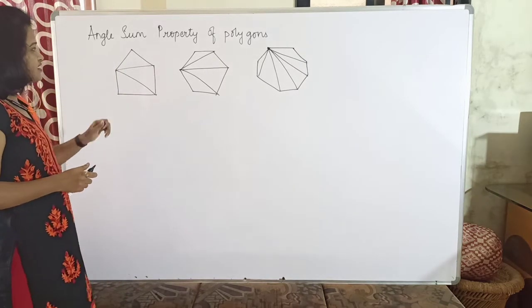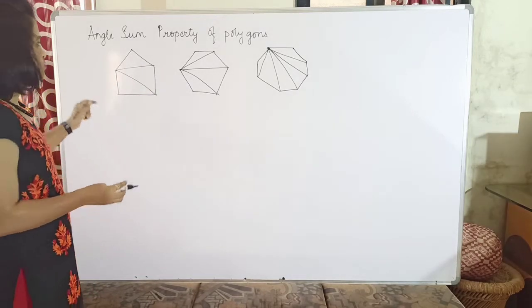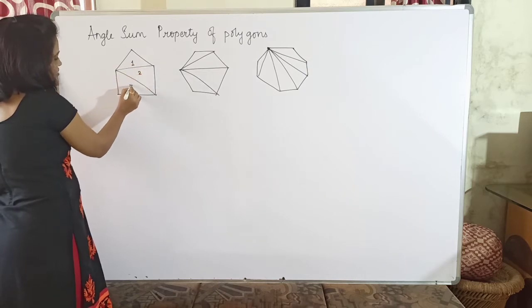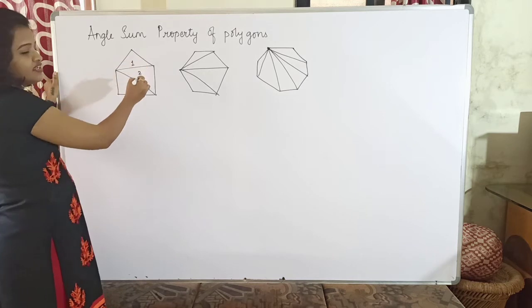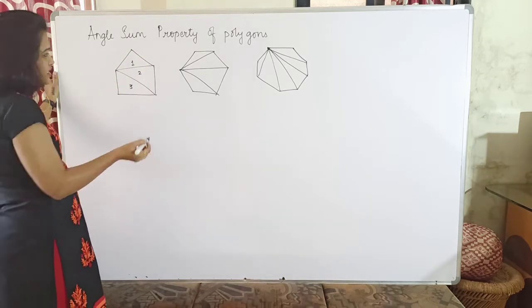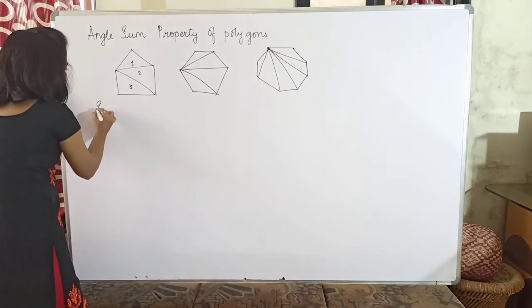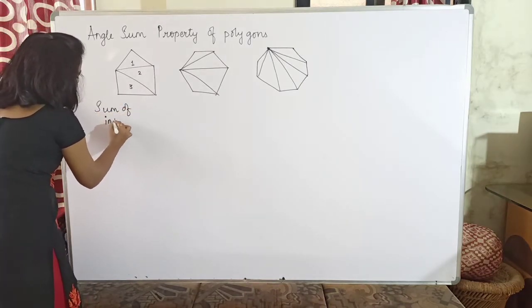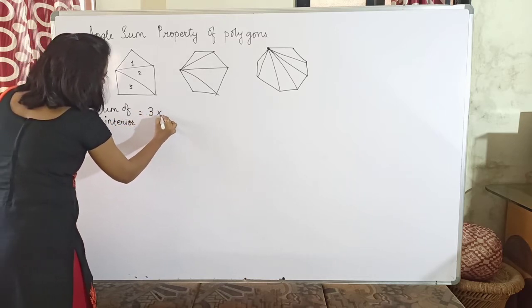Now as you can see, this pentagon I have divided into triangles. So this is my first triangle, this is my second triangle, and this is my third triangle. And I know that the sum of the interior angles of each triangle is 180. So how many triangles are formed? Since 3 triangles are formed, hence the sum of interior angles in case of a pentagon will be equal to 3 into 180.